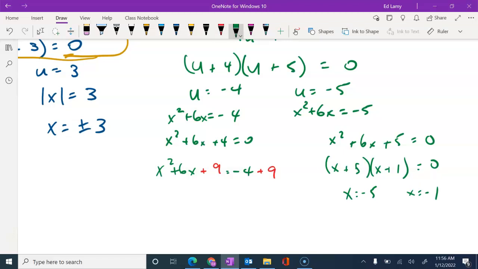So this trinomial factors as x plus 3 squared, and that is 5. Take the square root of both sides. X plus 3 equal plus or minus the square root of 5. So x equal negative 3 plus or minus the square root of 5.